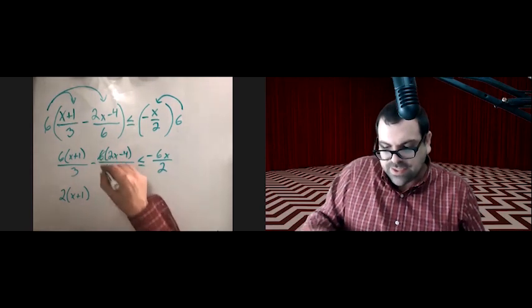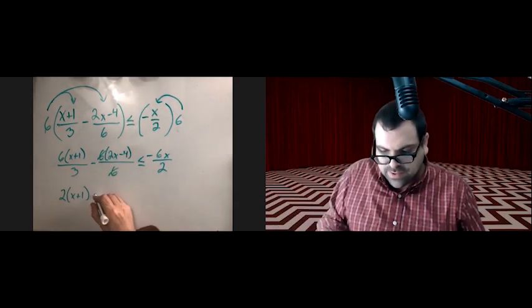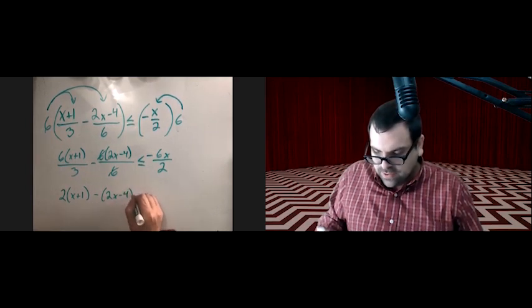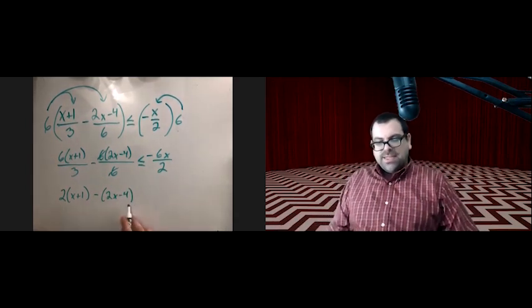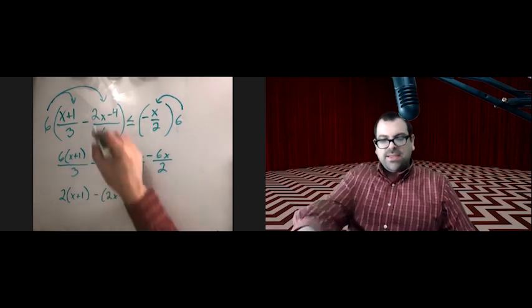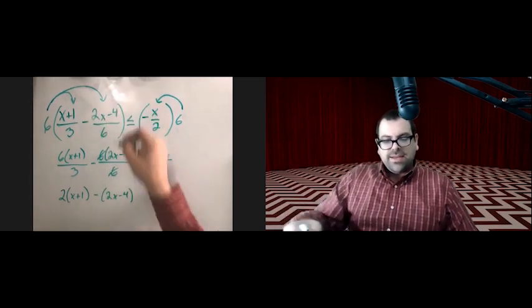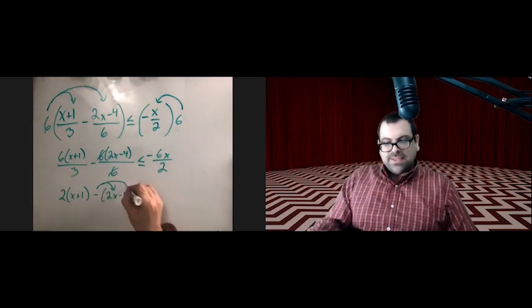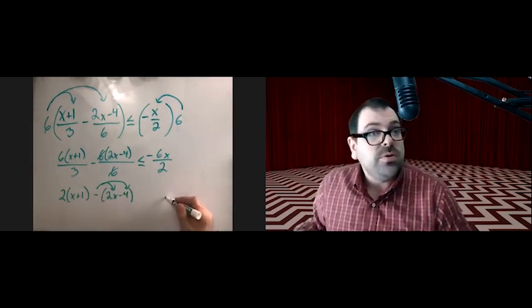And then 6 over 6, that cancels. So that's minus the entire 2x minus 4. Very important to keep that in parentheses because it is subtracting that entire thing, which means in the next step, we're going to have to be sure to distribute that negative.